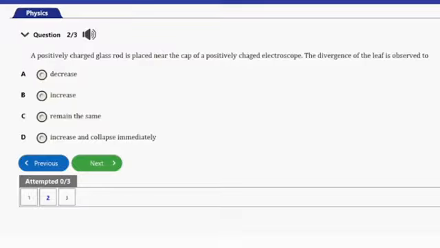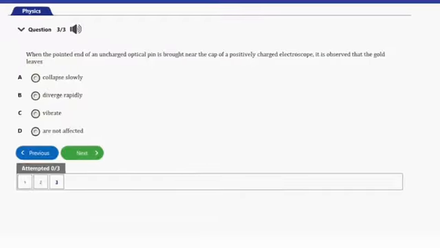Let's go ahead and consider the next question. That's question number 3. It says, when the pointed end of an uncharged optical pin is brought near the cap of a positively charged electroscope, it is observed that the gold leaves A. Collapse slowly, B. Diverge rapidly, C. Vibrate, and D. Are not affected.